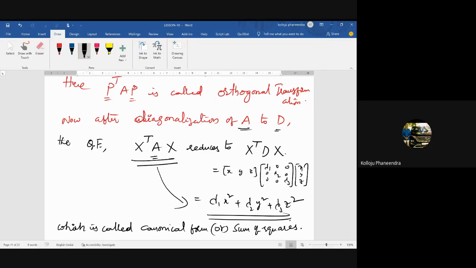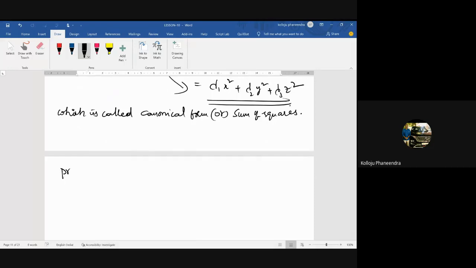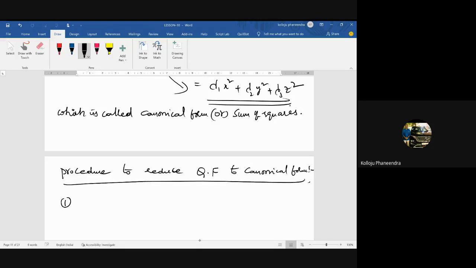This is the orthogonal transformation to reduce a matrix A, or to reduce a quadratic form, to diagonal form, nothing but canonical form. So I am giving a brief procedure to remember, stepwise, to reduce a quadratic form to canonical form. Step 1, find the coefficient matrix A of the quadratic form.